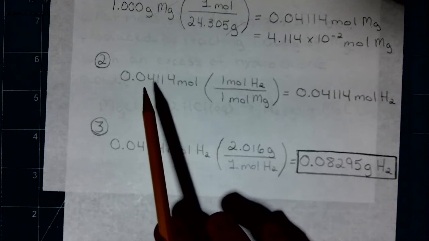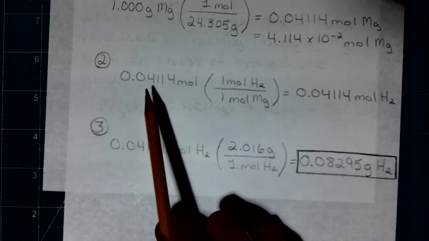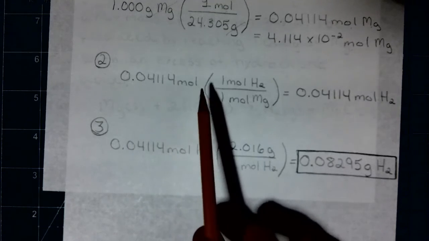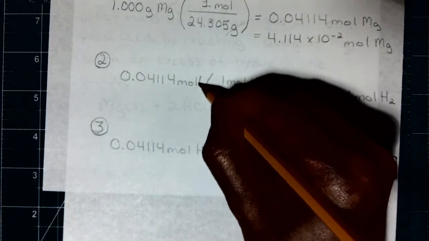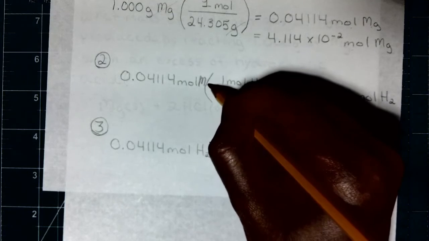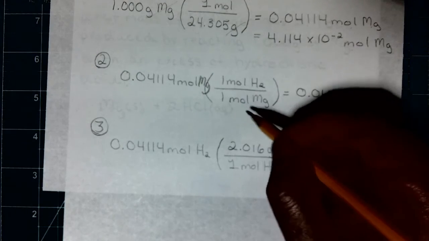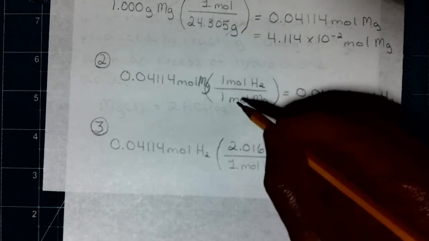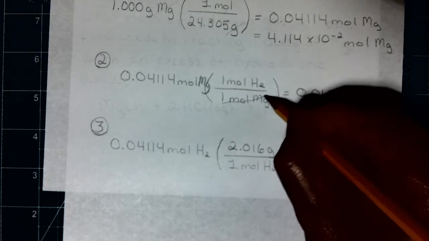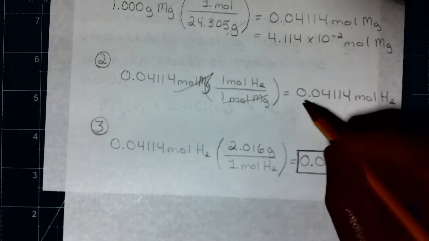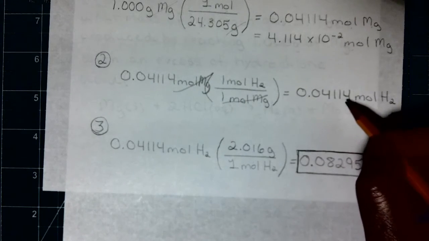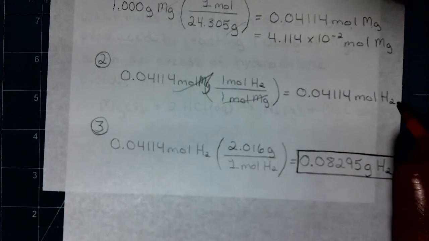So we go from 0.04114 moles of magnesium. We'll write in the magnesium here so that we don't forget. And we're going to make our conversion here. So 1 mole of H2 for every 1 mole of magnesium. That's easy math. We've canceled that moles of magnesium. And we get 0.04114 moles of H2.